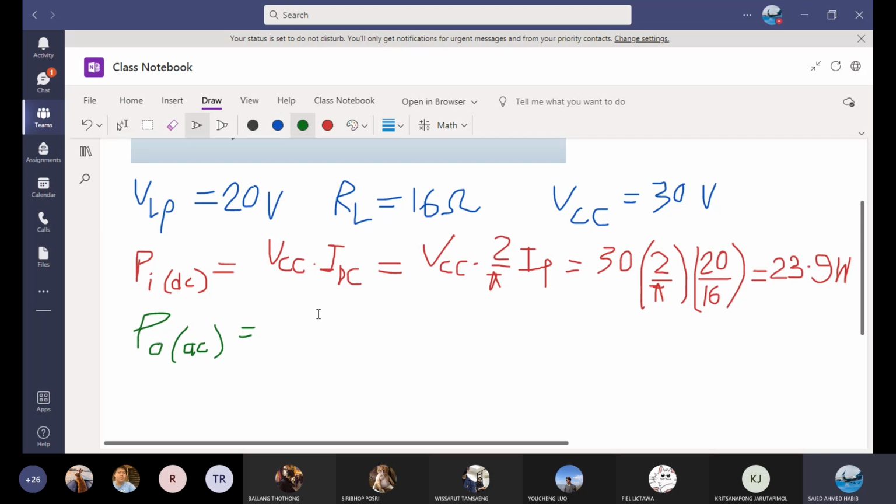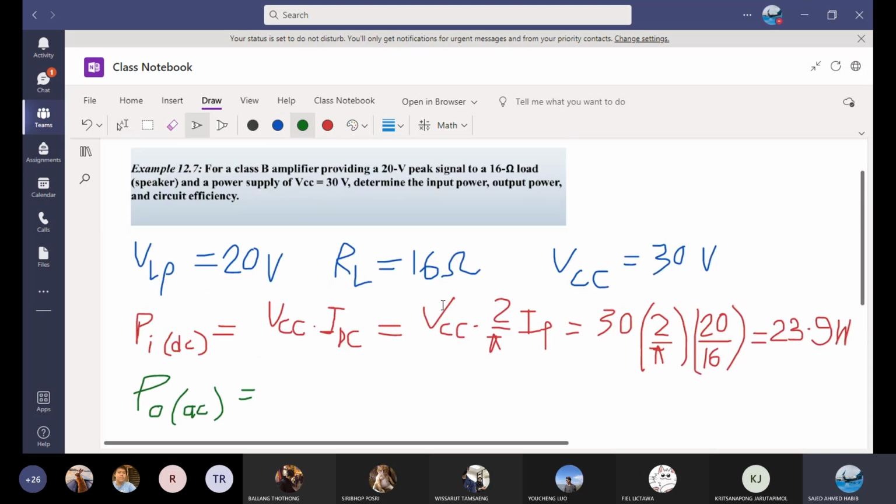We cannot just say yet that it is maximum efficiency or not, right? What does the slide say? Output power is VL peak square over 2RL. I think that's the equation we have to use. We did not say that it is operating at maximum.